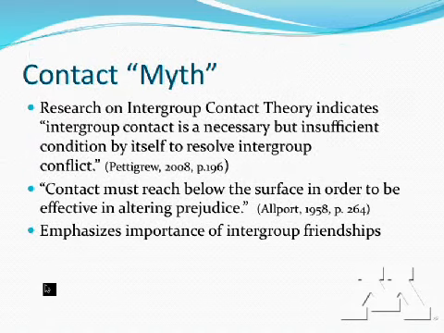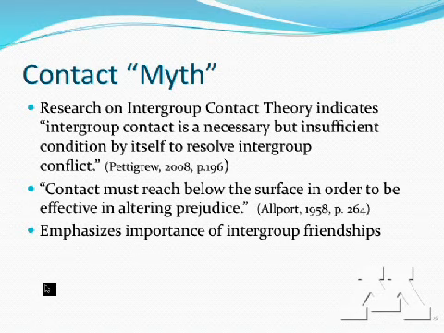So the first assumption, that intercultural contact is inherently good. Allport's intergroup contact theory begins to problematize this a bit because he uncovered several conditions that need to be met or that should be met in order to help make that contact positive. As we all know, if we look at international news, not all contact across cultures necessarily leads to positive outcomes.